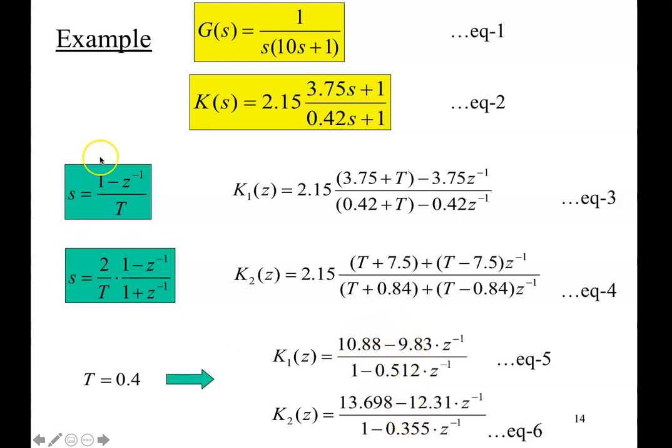I get two transfer functions. K1 comes from the backward difference method. K2 comes from the bilinear method. I skipped the intermediate steps because it's something you can do. It's a simple replacement of s values and then rechanging the format. From there, you can also find the algorithms.